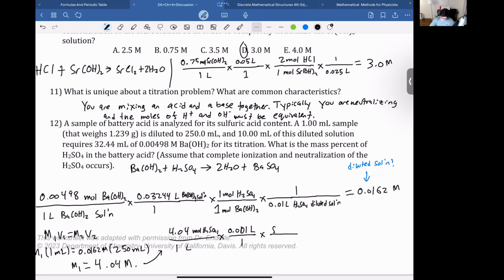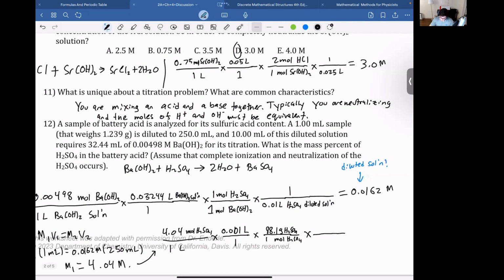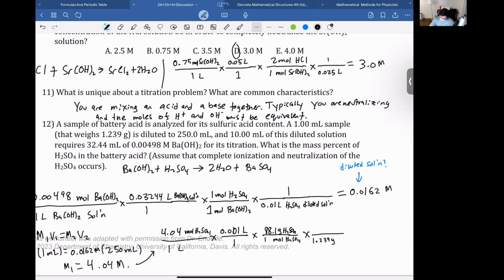So we have 98.1 for every 1 mole. Now we're working in grams of H2SO4 because everything cancels out. And then the last step is I need to divide it by 1.239 grams of battery acid. And we are multiplying by 100% to get a percent here.